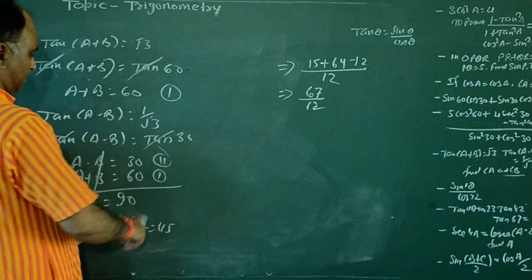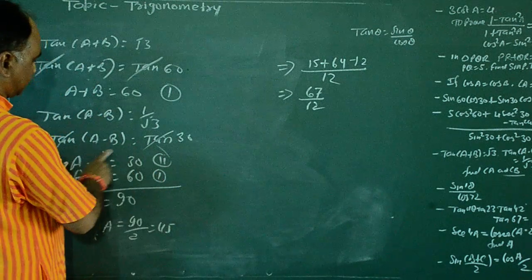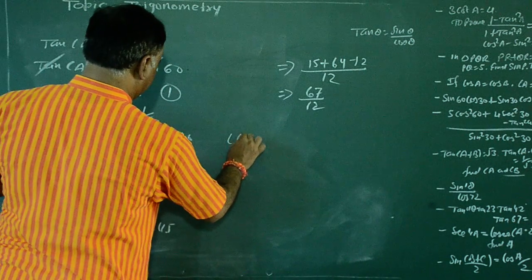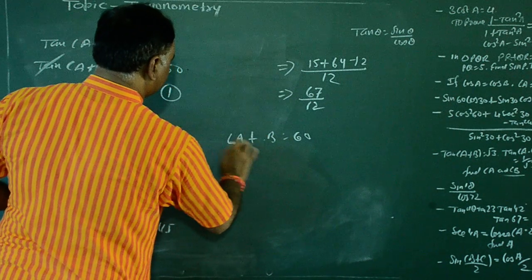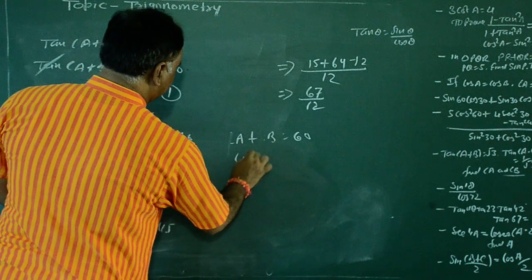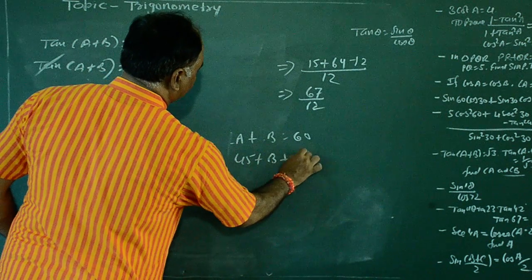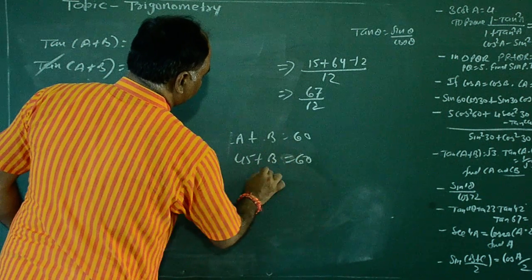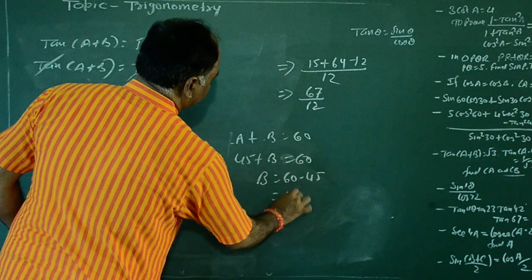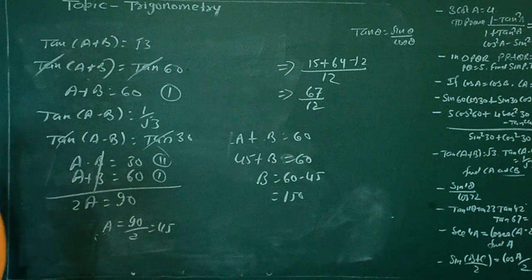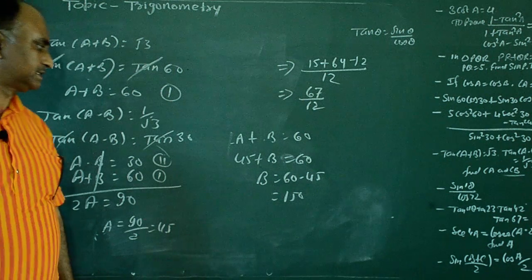Now put the value of a in equation number first or second. You have a plus b equal to 60. Okay, now put the value of a, that is 45 plus b equal to 60. So you have b equal to 60 minus 45, that is 15 degrees. So thus we have completed this exercise. Okay.